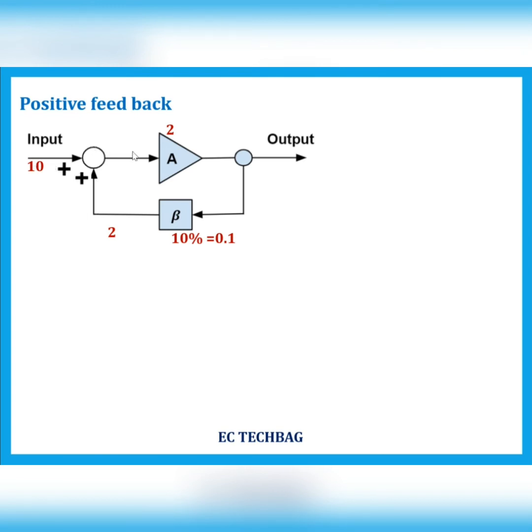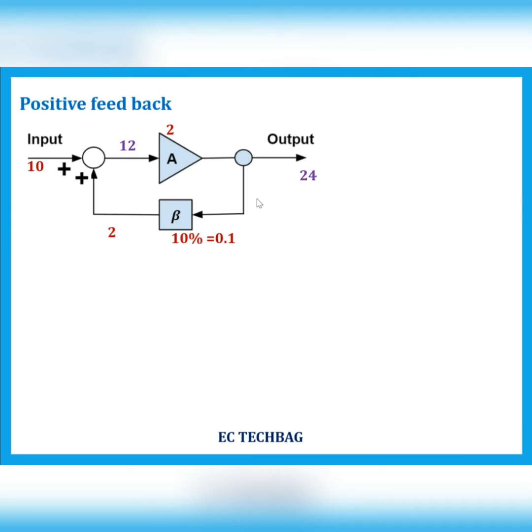Now we get 12 here. Now the input is 12. So next it is amplified by the operational amplifier. You get the output 24. By providing positive feedback, the output increases. Without feedback, the output is 20. With the feedback, the output is 24.